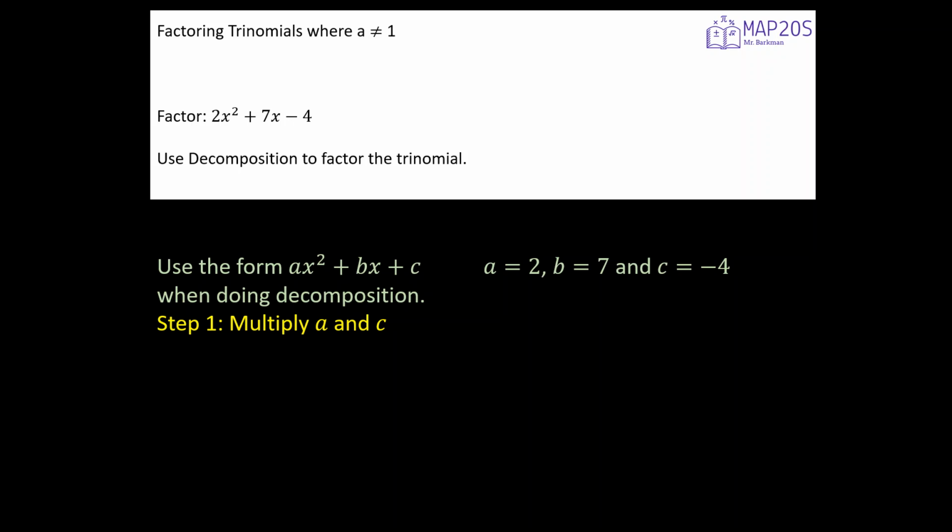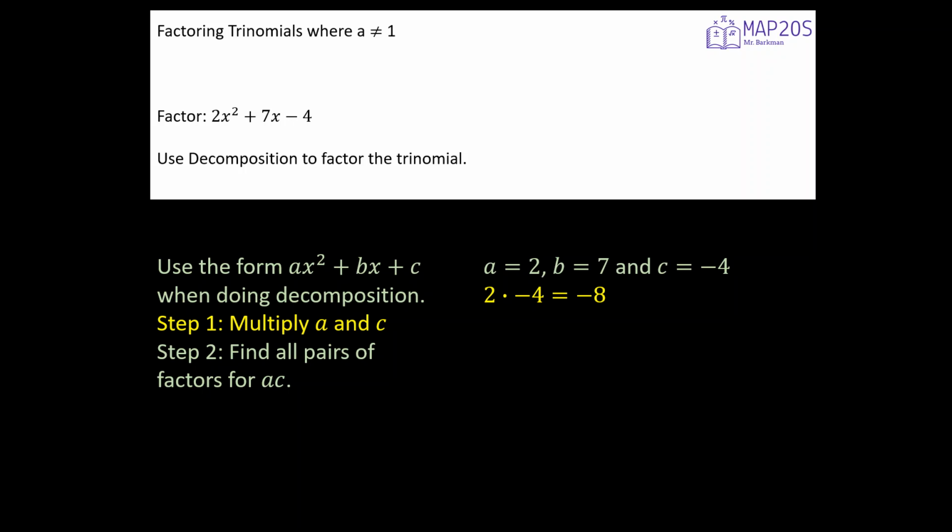Now we have the a and the c listed up on top already, so we can multiply those together and we're going to get a value of -8. Now, it's different than when there was only a 1 for a, because now the number is going to be different, and we can't just use those two factors immediately to solve using logical reasoning.